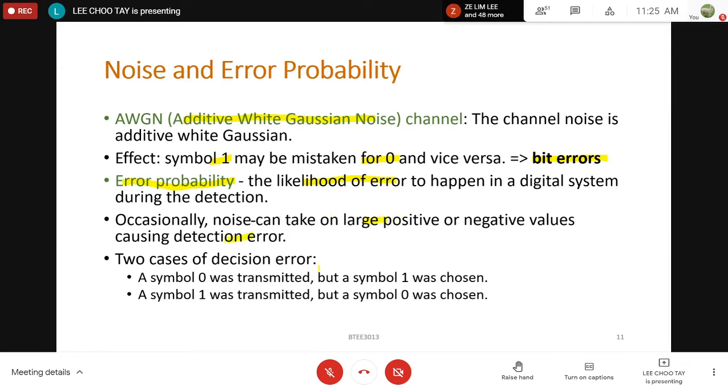As far as the receiver is concerned, there are 2 cases of decision error, because we're only sending binary information. Here we send a 0, but at the detector, in the decision making process, it actually chose a 1. And also when a symbol 1 was transmitted, but a 0 was chosen at the receiver side. So these are the 2 types of error.